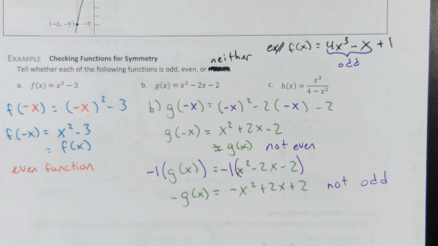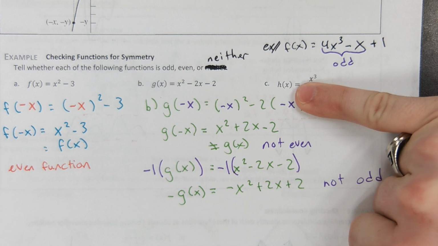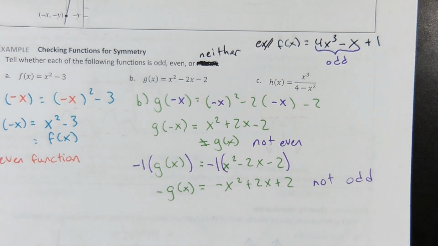Now let's tackle this fraction. If it didn't have a bottom, if it just said x to the third, what would we say this function has? Odd symmetry. If it didn't have a top, if it was just 4 minus x squared, what would we say? Even symmetry. So what we have here is a rational function. That means x is on the top and the bottom, where both the top and the bottom have symmetry, but the symmetries don't match. Let's see what happens.